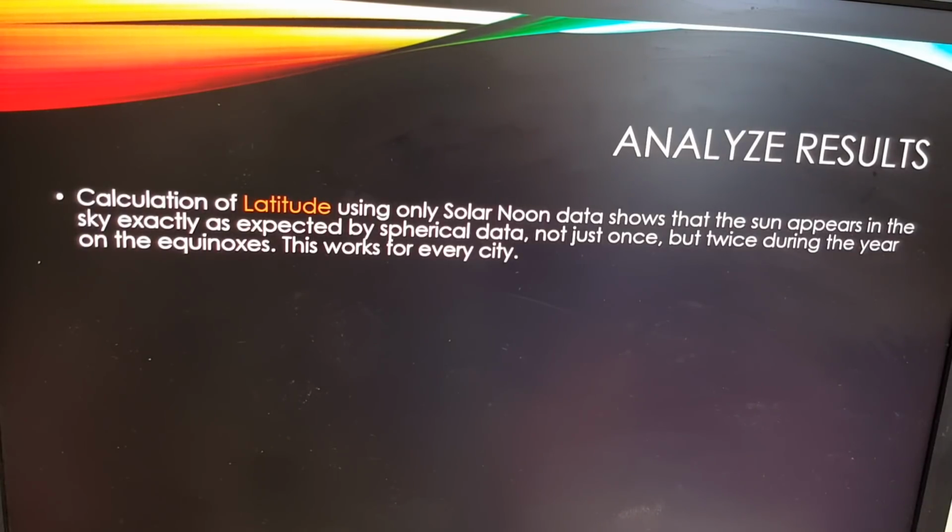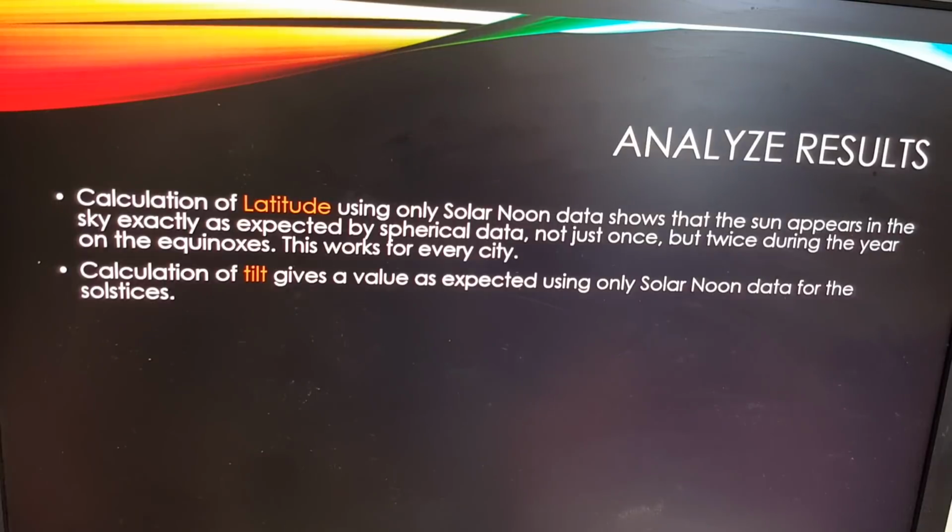Again, calculation of latitude, I used only solar noon data. It shows that the sun appears in the sky exactly as expected by spherical data, not just once, but twice during the year on the equinoxes. This works for all 19 cities from every place on the sphere. Calculation of tilt gives the value as expected only using solar noon data for the solstices.